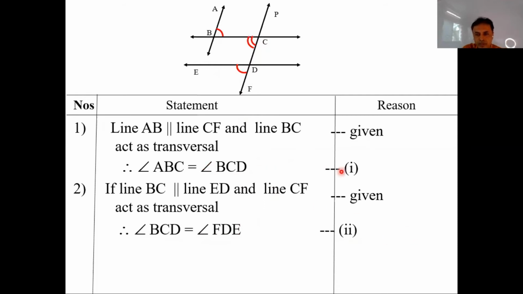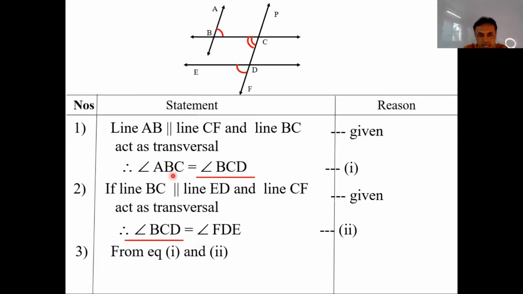Now with the help of equation 1 and equation 2, you are able to understand that angle BCD is available in both the cases. So writing that part: from equations 1 and 2, we know that angle BCD is equal to angle BCD.